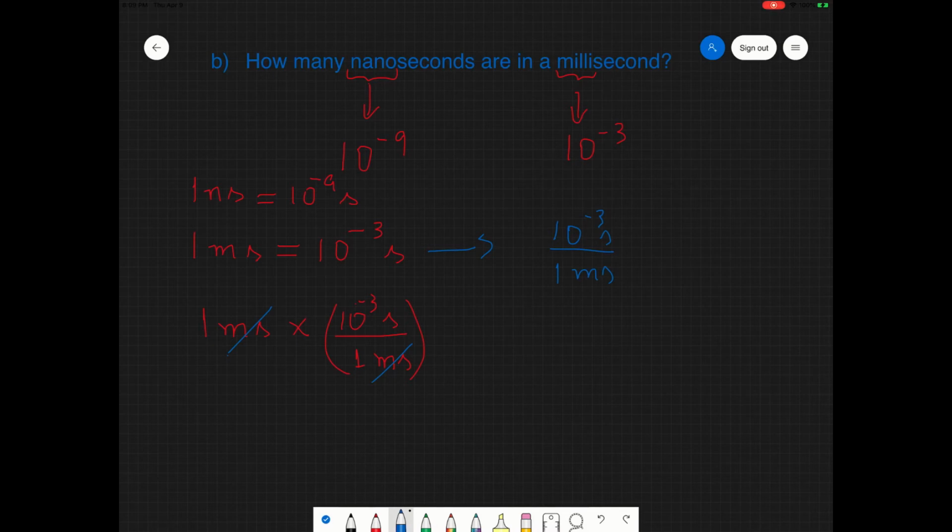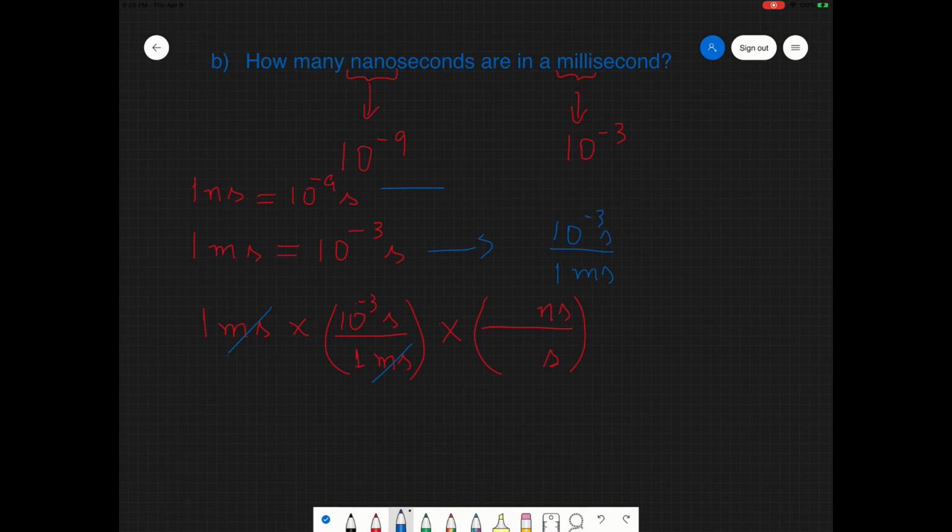So this answer would give me the value in seconds, but my answer should be in nanoseconds. So now I'm going to multiply by another conversion factor that will take care of this. The final answer should be nanosecond, and I should cancel out the seconds.